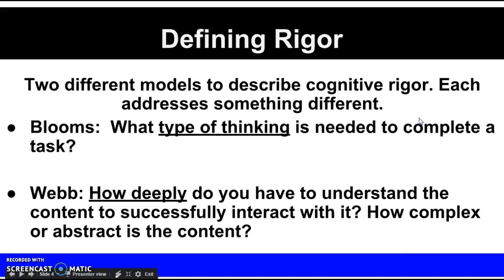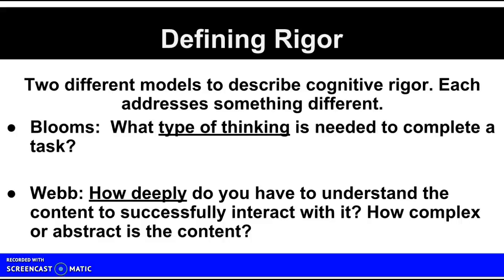So there's two ways that we look at rigor. Again, when we talked about the cognitive rigor matrix, we looked at Bloom's taxonomy. This is what we all learned as we were coming through college, most of us. And Webb's is fairly new. So Bloom's, when we look at rigor, is a type of thinking. What type of thinking are we asking our students to do?